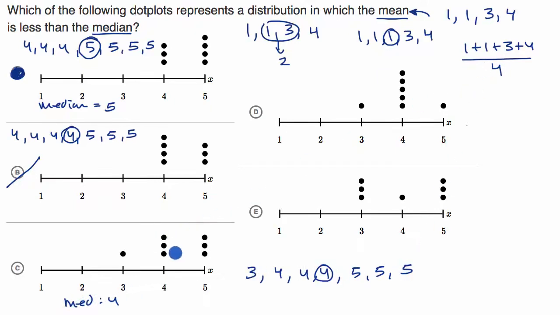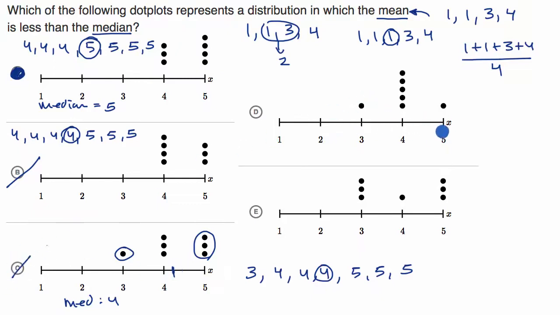But you could say, you have these 3 4s here. Now, you have a 3 that might bring the mean to the left. But then you have 3 5s that would more than bring that to the right. Because you have more 5s than you have 3s, this would pull the mean to the right. So your median is 4, and your mean is greater than that 4. So I'd rule this one out.